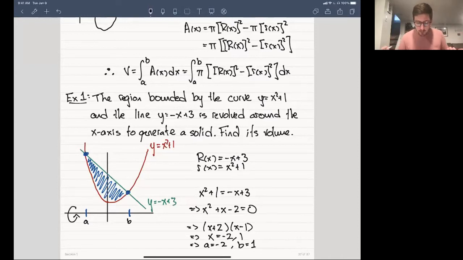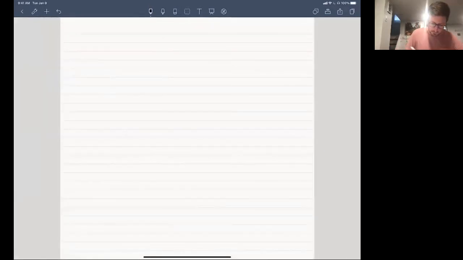Now we have all of the ingredients needed to apply our formula to find the volume of this thing, right? We have the inner and the outer radii. We have the bounds of integration. Now we just need to put everything together in order to find this volume. So let's start a new page here and let's calculate out this volume.